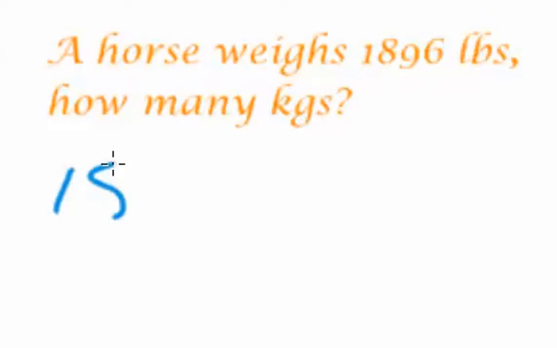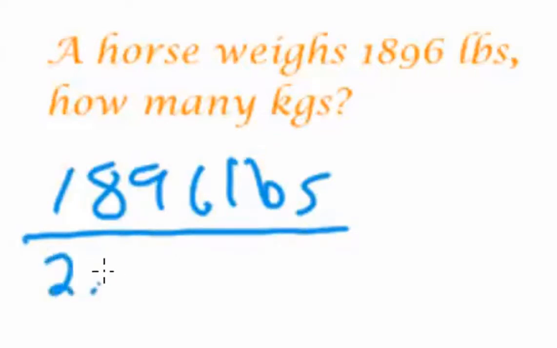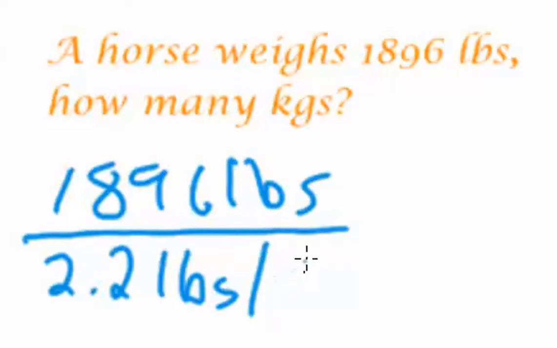Let's say that a horse weighs 1,896 pounds. How many kilograms would that be? Now let's consider our units this time. 1,896 pounds. And let's divide that by the 2.2 pounds that there are in every kilogram. So 2.2 pounds per kilogram.